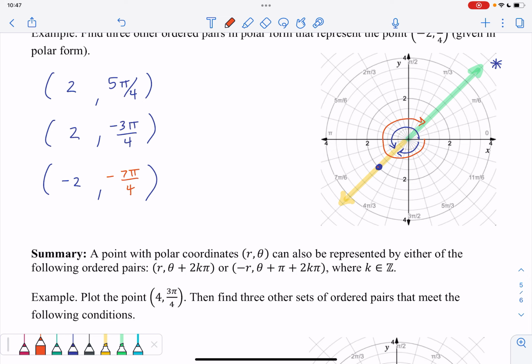So in summary, if I'm given a point with polar coordinates (r, theta), it can also be represented by either of the following ordered pairs. (r, theta plus 2k pi): that just means keep r the same, and then use coterminal angles of theta. So take theta and add sets of 2 pi, or subtract multiples of 2 pi, and I would still be going to that same point.